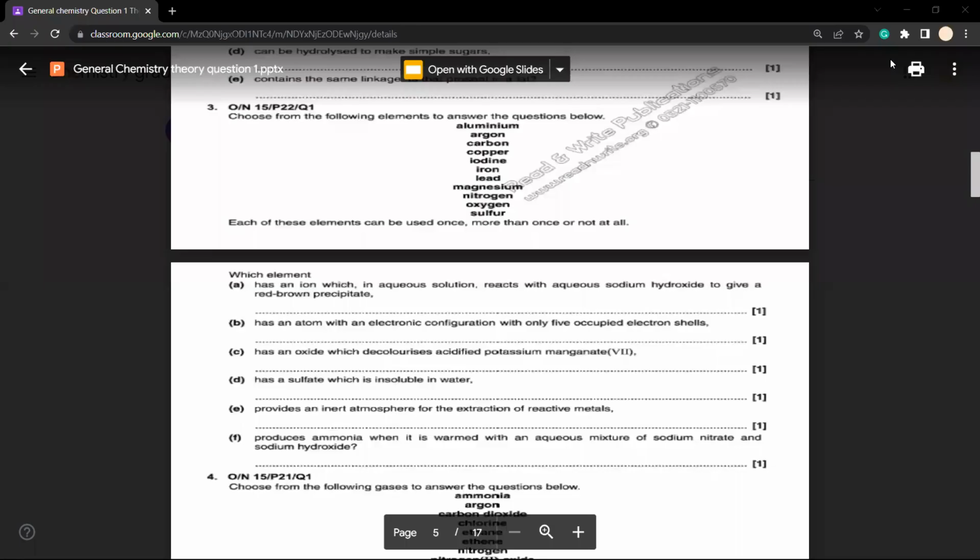3. Choose from the following elements to answer the questions below, and there are certain elements which I have given. Now, which element has an ion which in an aqueous solution reacts with sodium hydroxide to give a red-brown precipitate? Red-brown precipitate, as soon as we hear it, we know it's going to be iron, right?